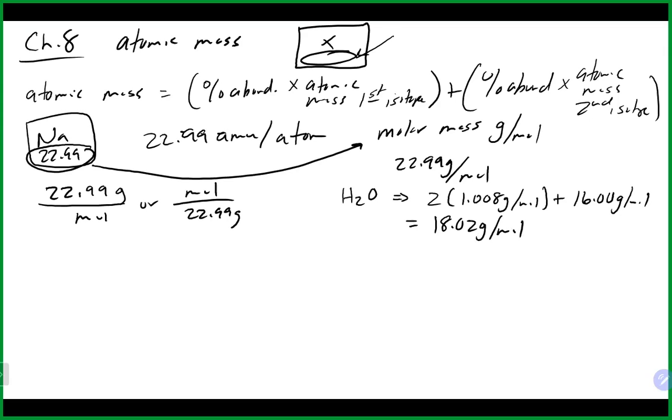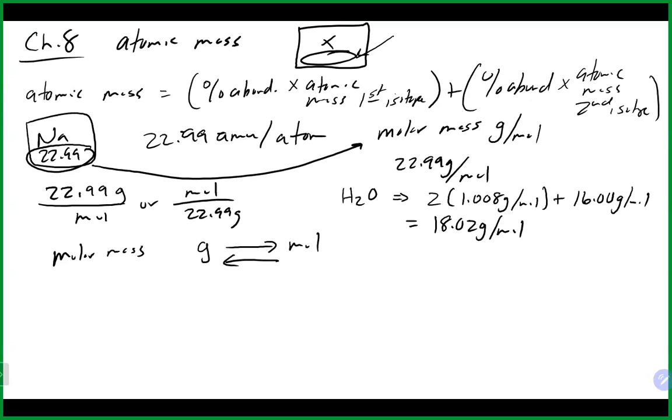Molar mass is really important. It is really our conversion factor that we use to go from grams to moles and our moles back to grams. That is basically what you use. You go to the periodic table, you calculate the molar mass, and you use it as a conversion factor going in both directions.